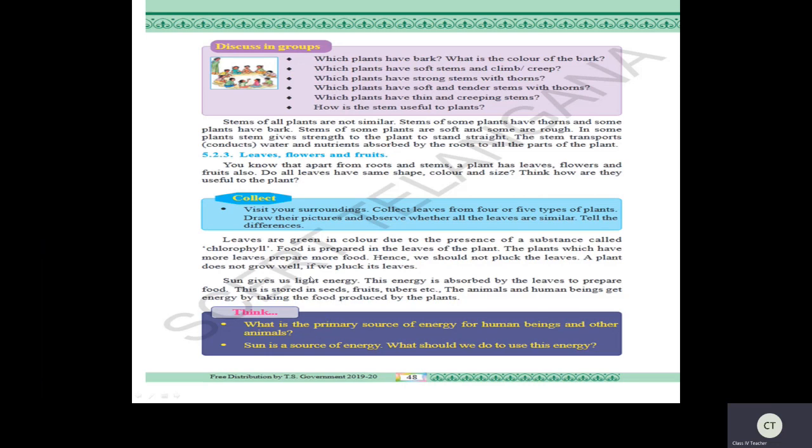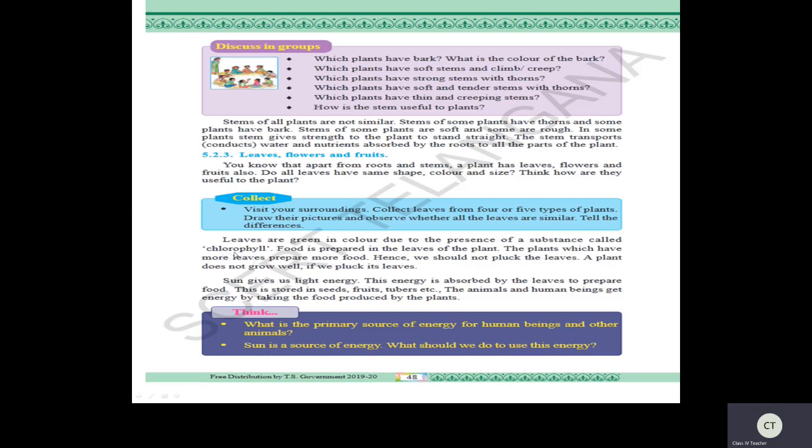Till now we have studied that leaves consist of a green color pigment, that is, a green color substance. We will call it chlorophyll. First point, what have you learned now? Leaves are green in color due to the pigment, a coloring substance, which we call chlorophyll.